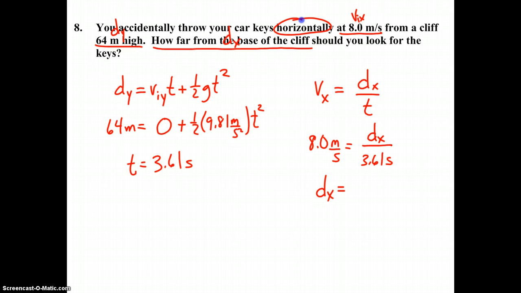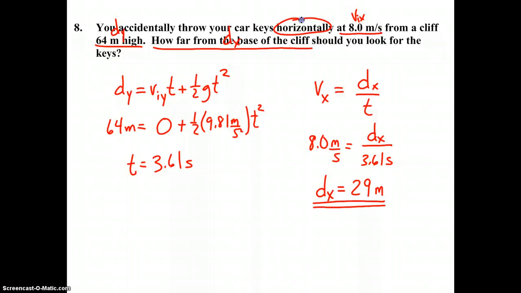This gives us the horizontal range, our dx value, by multiplying, again pause if you need a moment, to be, to 2 digits, 29 meters. So there's our answer to number 8.